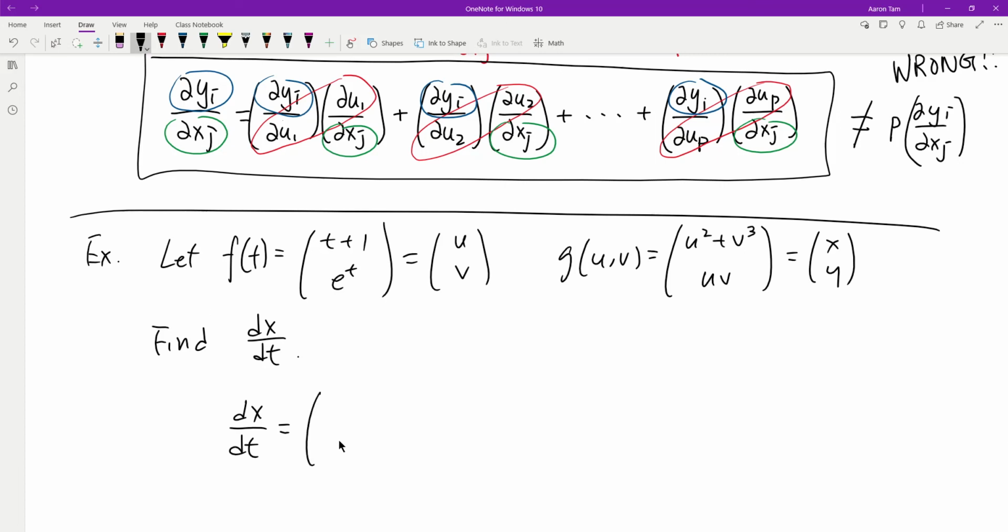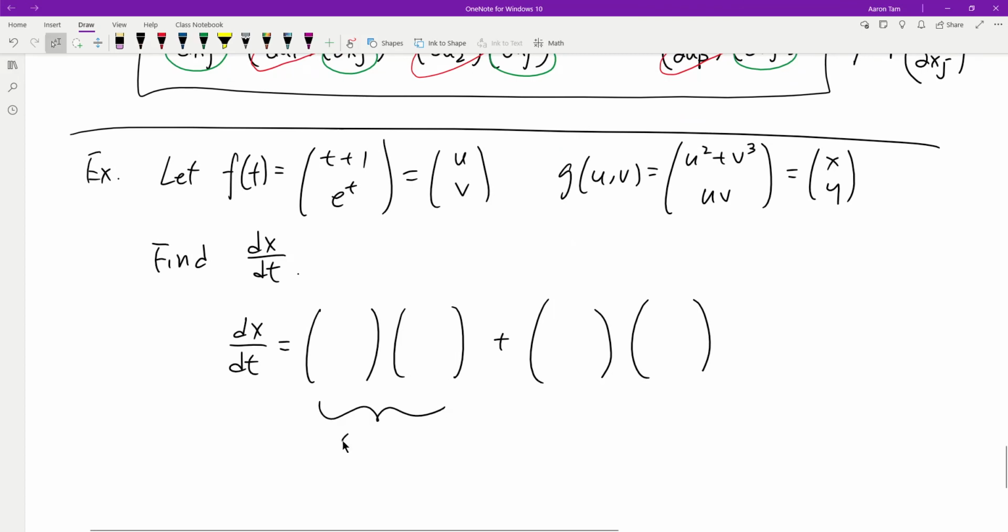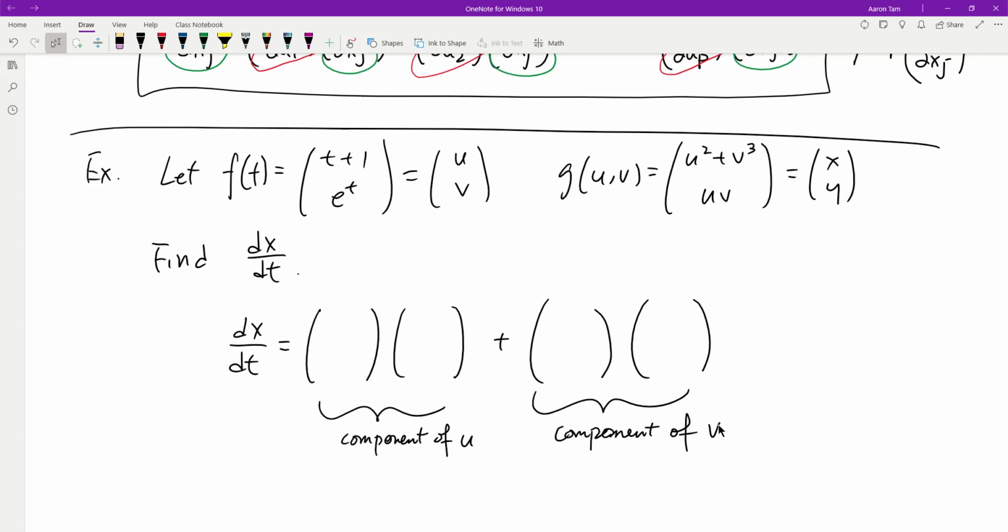Therefore it implies that our formula would have two components. What are the two components? This is the component of u, and this is the component of v, because t changes u and v, and that's how both of them, u and v, change x.